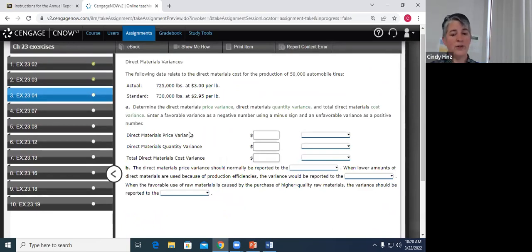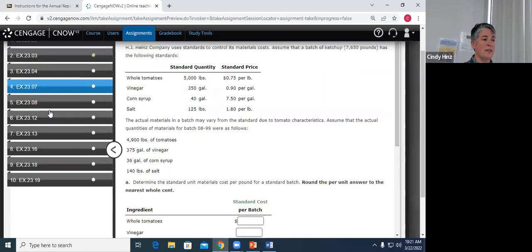And we're going to move on to direct materials. Just want to give you a preview of where we're going. We may not get through everything today that I would have expected, probably because I spent more time talking about the project. That's important stuff, so that's fine. But you'll notice that exercise 4 is direct materials variances.